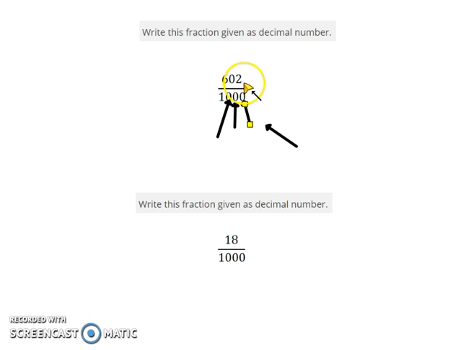So if we had an imaginary decimal point here, and we jumped 1, 2, 3, and place the decimal point right here, we will get the number 0.602. So 602 over 1,000 becomes the decimal number 0.602.